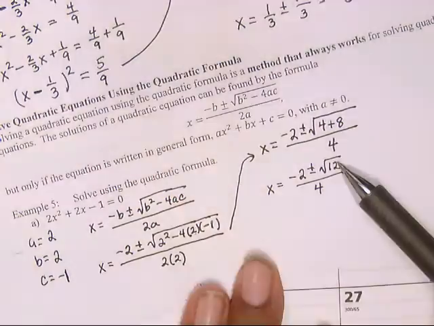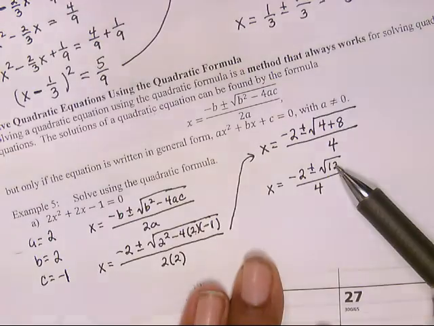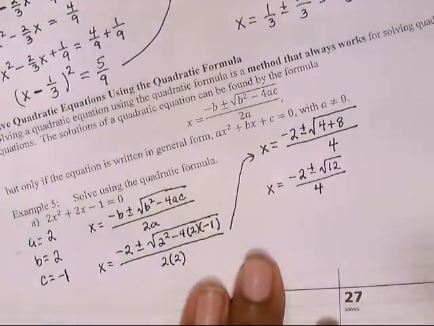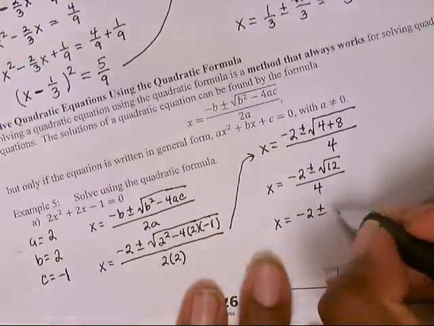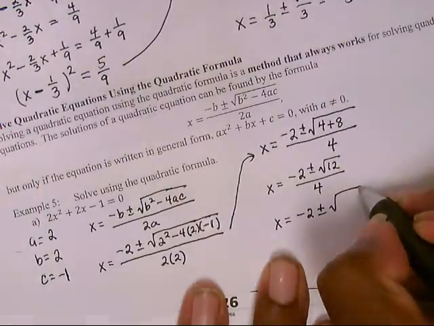Now 12 is not a perfect square, but 12 does have a perfect square in it. The largest perfect square for that would be 4. So I have -2 plus or minus the square root of 12.